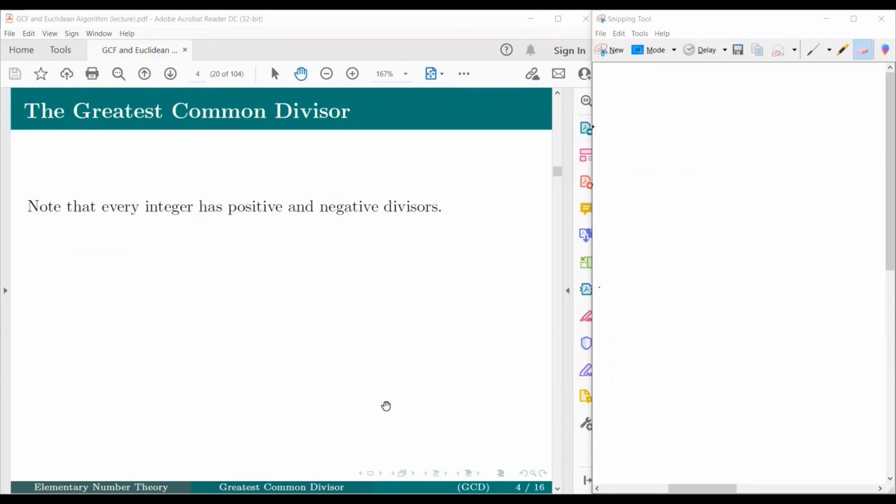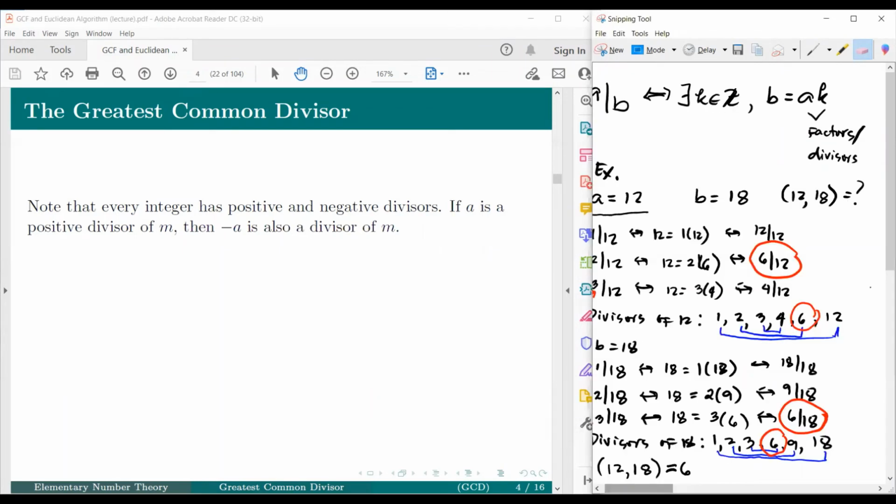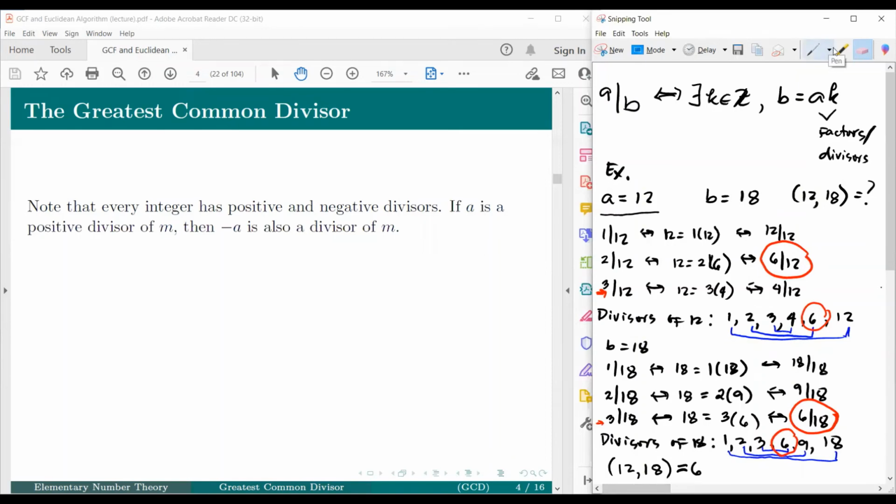Next, note that every integer has positive and negative divisors. That is, if A is a positive divisor of M, then negative A is also a divisor of M. So let's consider our previous example, when A is 12. The divisors of 12 are 1, 2, 3, 4, 6, and 12.